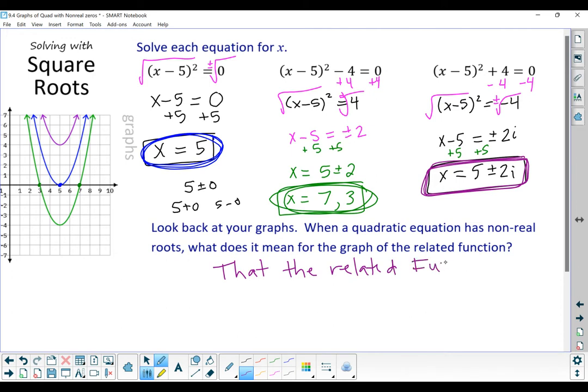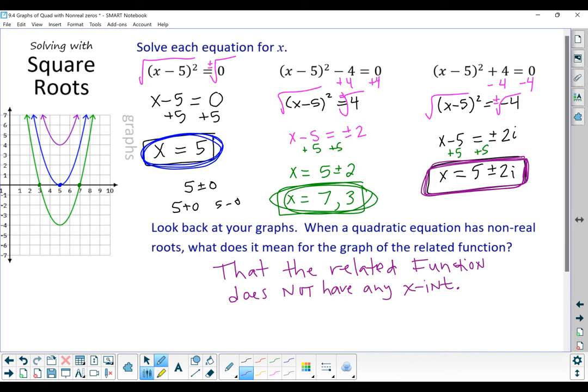The related function does not have any x-intercepts. The equation does still have two solutions, but the graph will not have any x-intercepts.